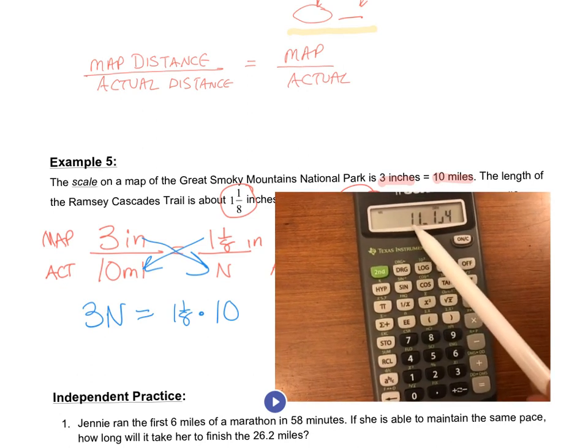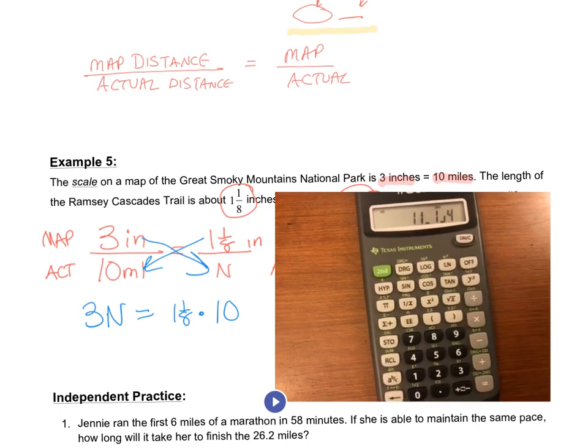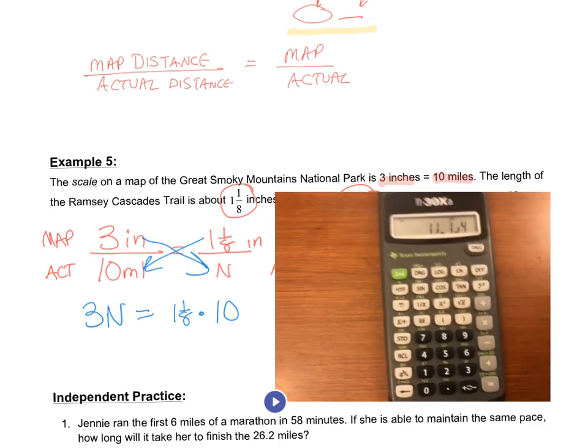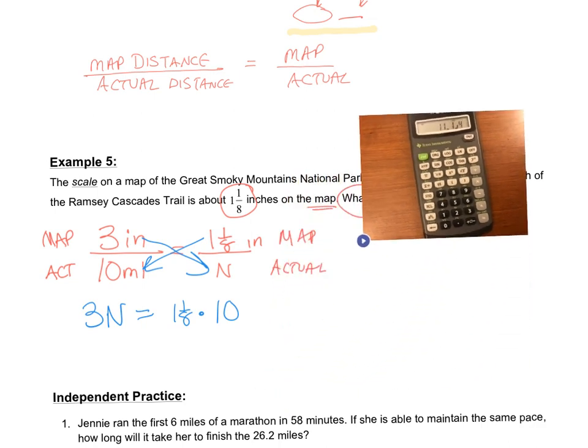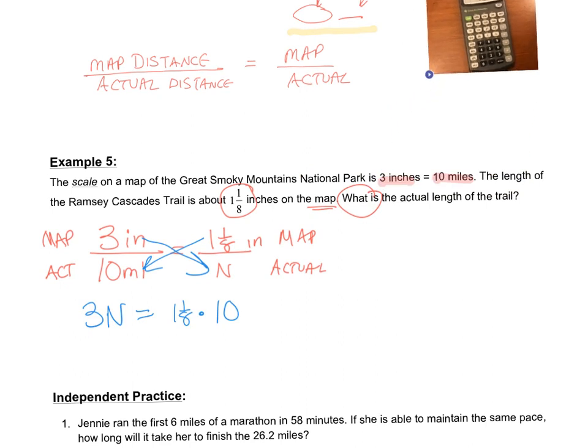So this is 11 and 1 over 4. So when I multiply that over here, that is 11 and 1/4. That's equal to 3n. I'm just going to rewrite it up there. 3n is equal to 11 and 1/4.